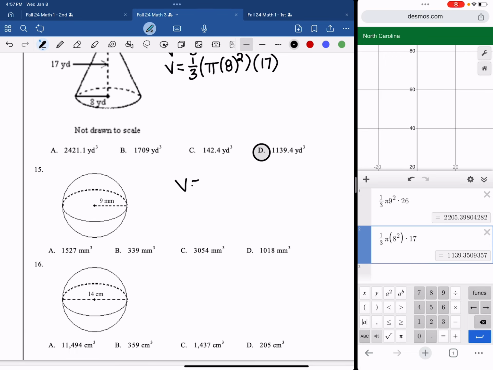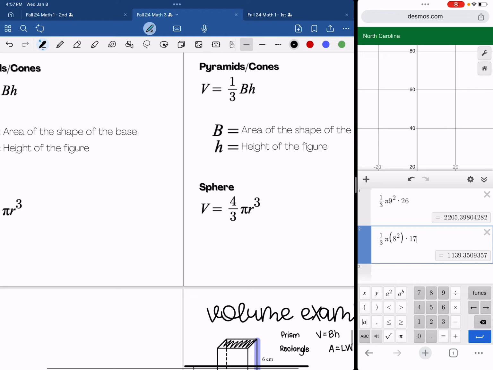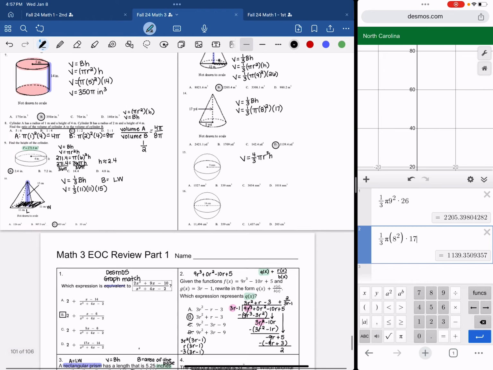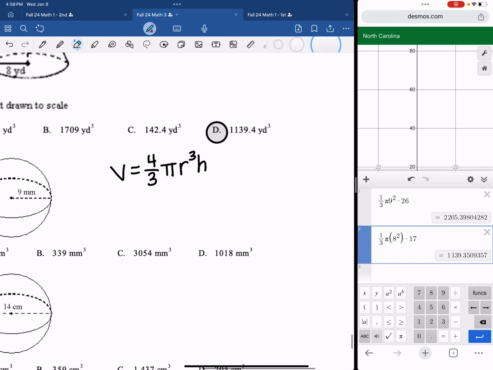All right, and then the last thing we do is we come to the sphere. The sphere is a little bit different. So if we go back to our formula sheet, we have 4/3 pi r cubed. Actually, sorry, I forgot that the height part is not included because the height is actually represented by an additional r.